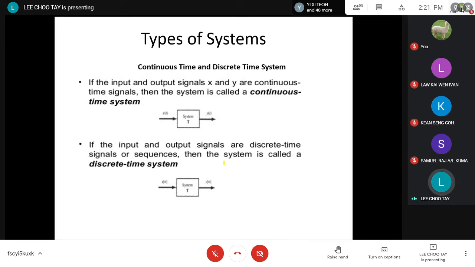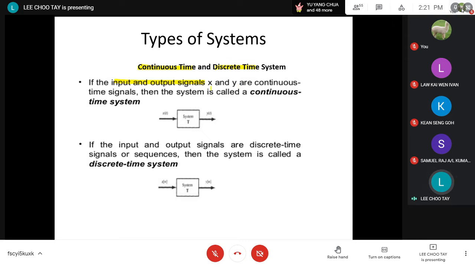Okay, types of system. Again, there are many ways to differentiate or describe the properties of a system. In this case, we have two very simple ones. One is called continuous time. The other one is called discrete time. For a continuous time system, as the name suggests, the system processes input that is continuous and also produces output that is continuous.